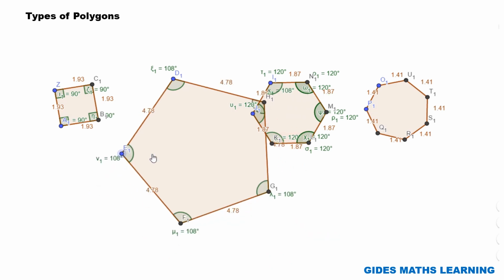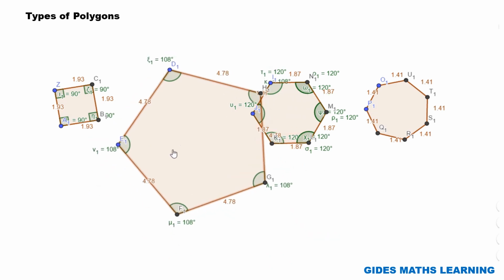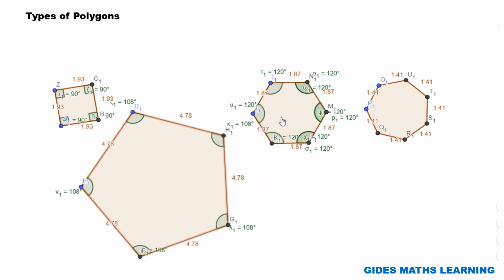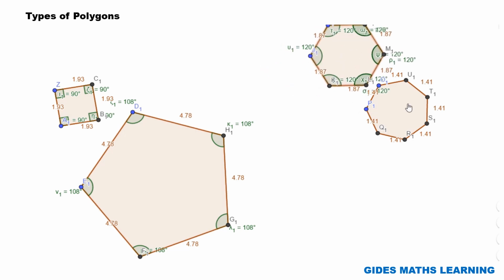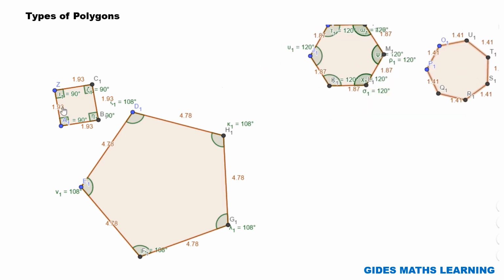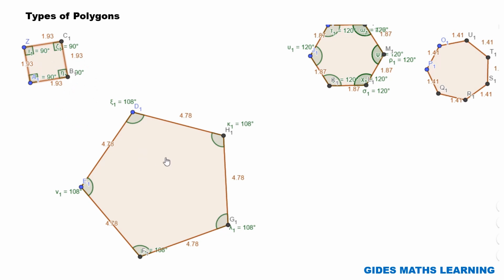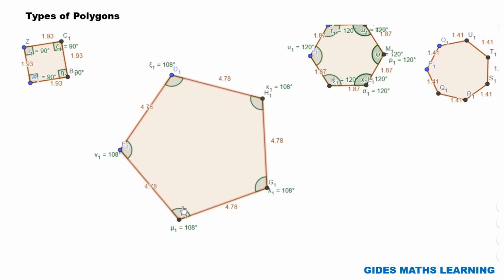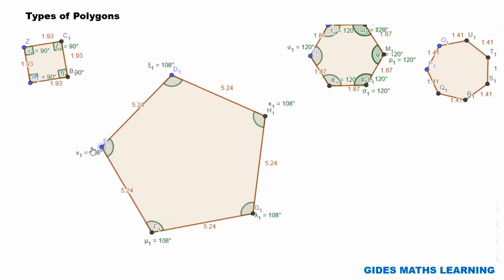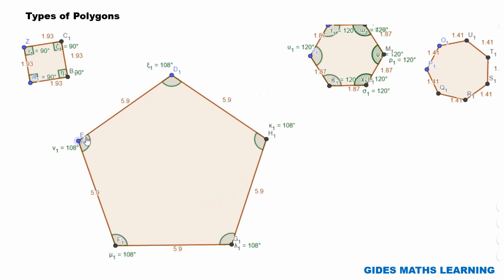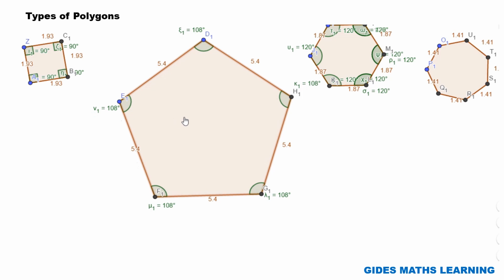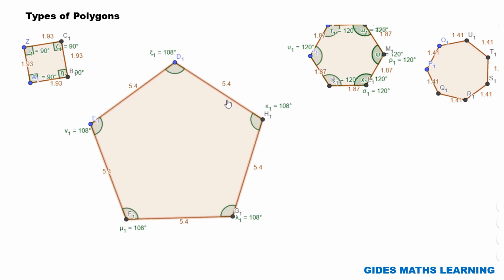And this is a pentagon. We have increased the sides of the pentagon, and you realize that as we increase the sides, all the sides are 5.4 units.